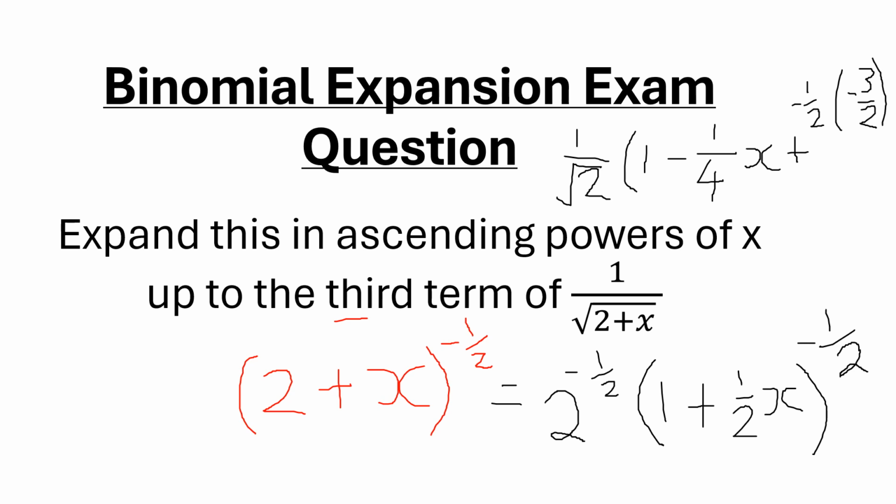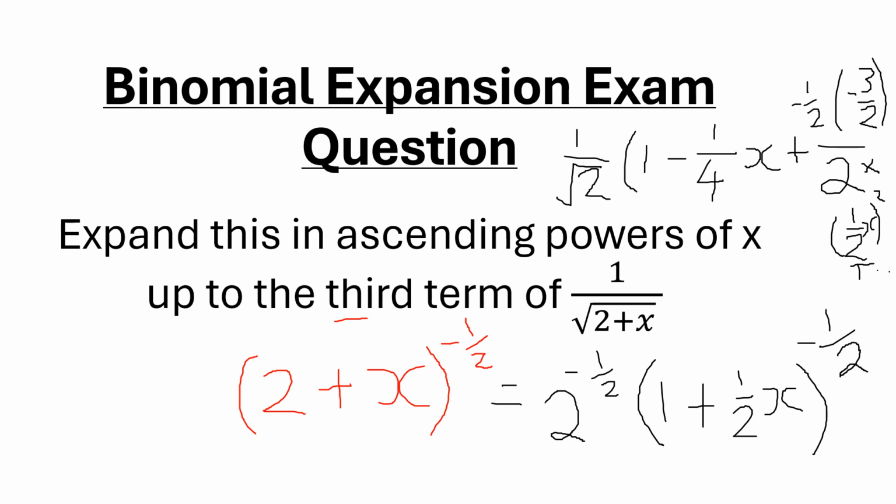I'm doing n minus 1 over 2 factorial, which means 2 times 1, which is just going to be 2. And then I'm going to multiply this by a half x all squared, plus dot dot dot.